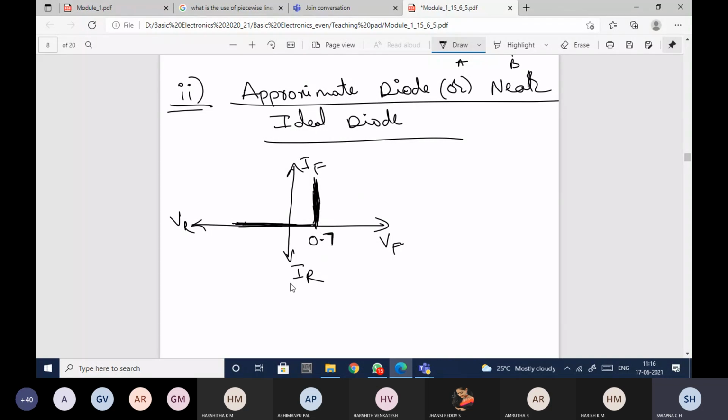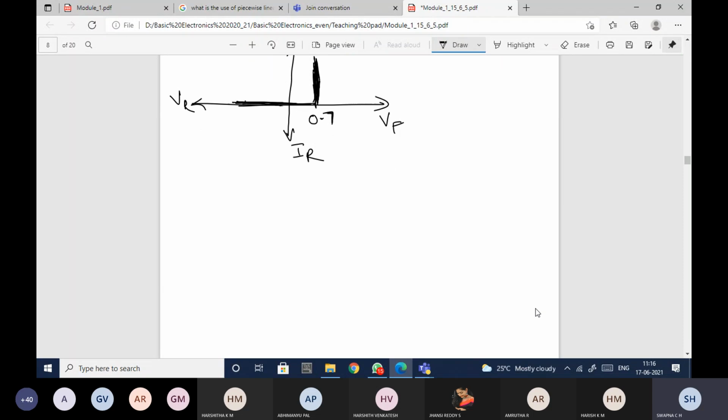So this is your near ideal diode characteristics, and now the equivalent circuit for the near ideal diode.